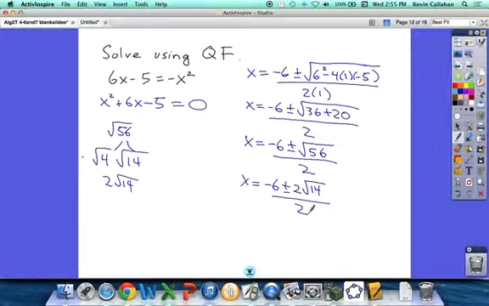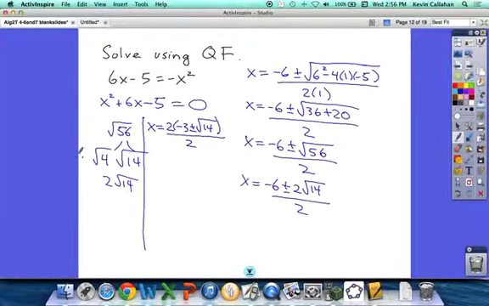And does it look like we're done? Because what? Say again? All of these things here are divisible by 2. So you could factor out 2. I mean, I could write it like this. Let me divide this off. X equals 2 times negative 3 plus or minus the square root of 14, divided by 2.